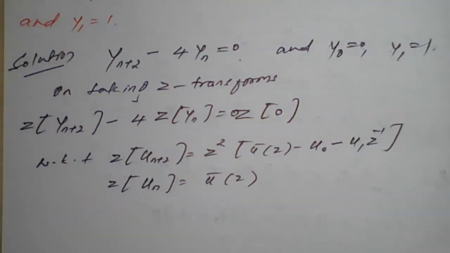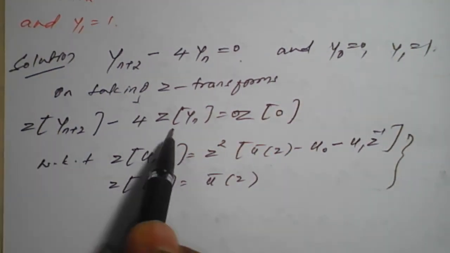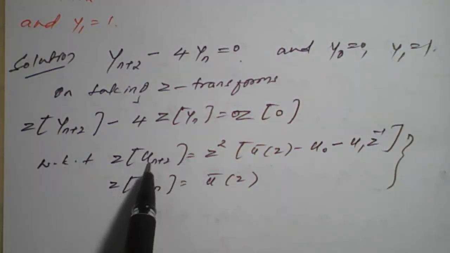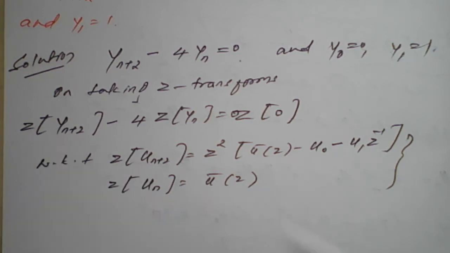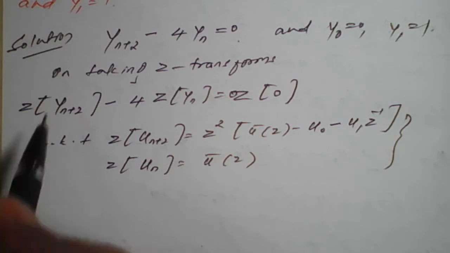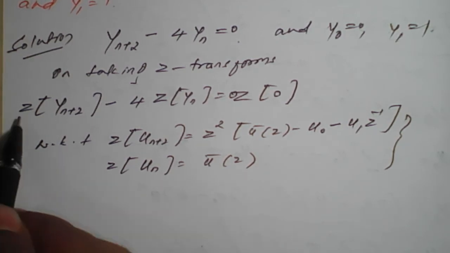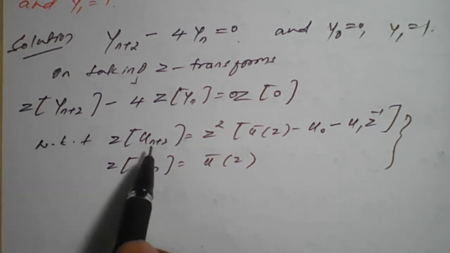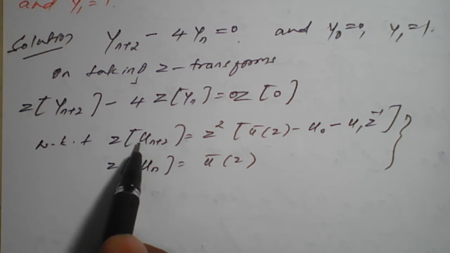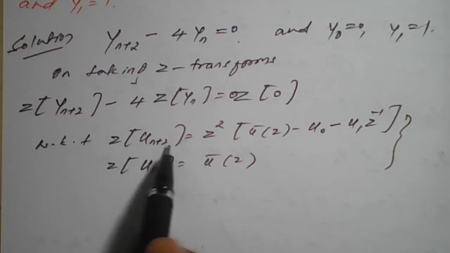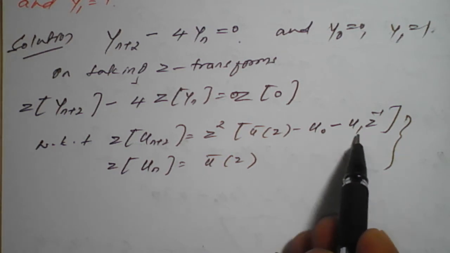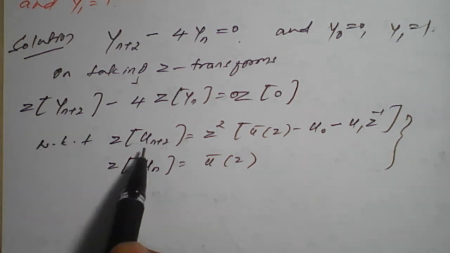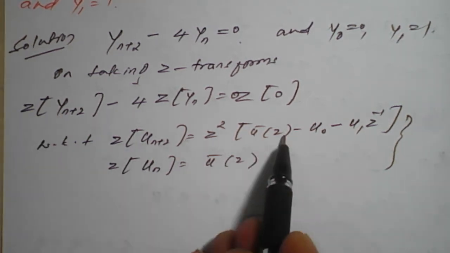These two results I want to apply in terms of y. Instead of u we have y, so that is the change we need to apply. So in the above, instead of z transform of u of n plus 2, we have z square u dash of z minus u naught minus u1. Here y is there, so instead of u we will use y in this expression.